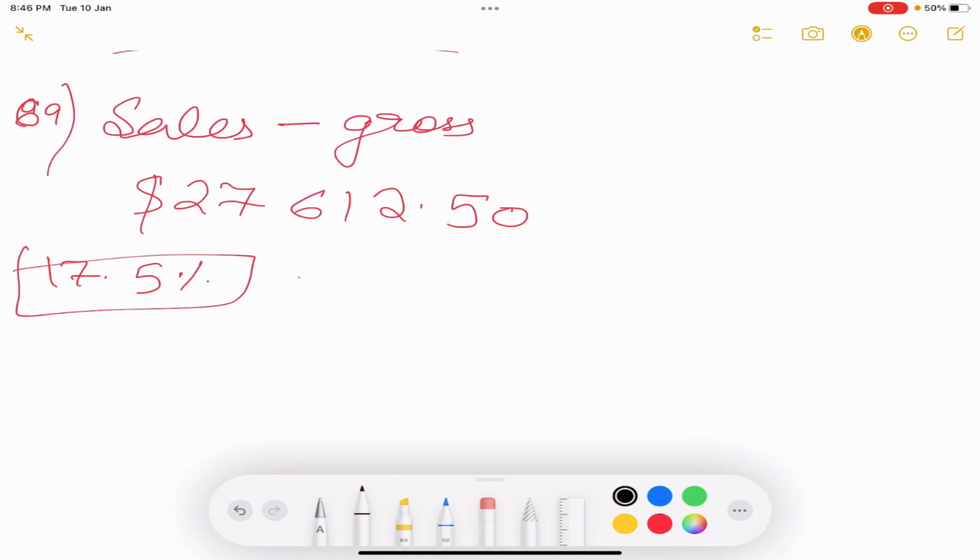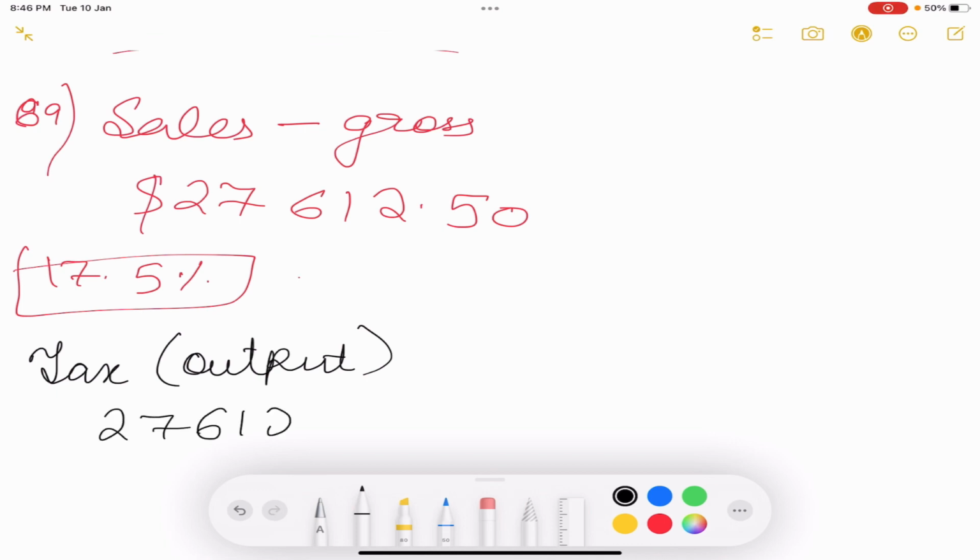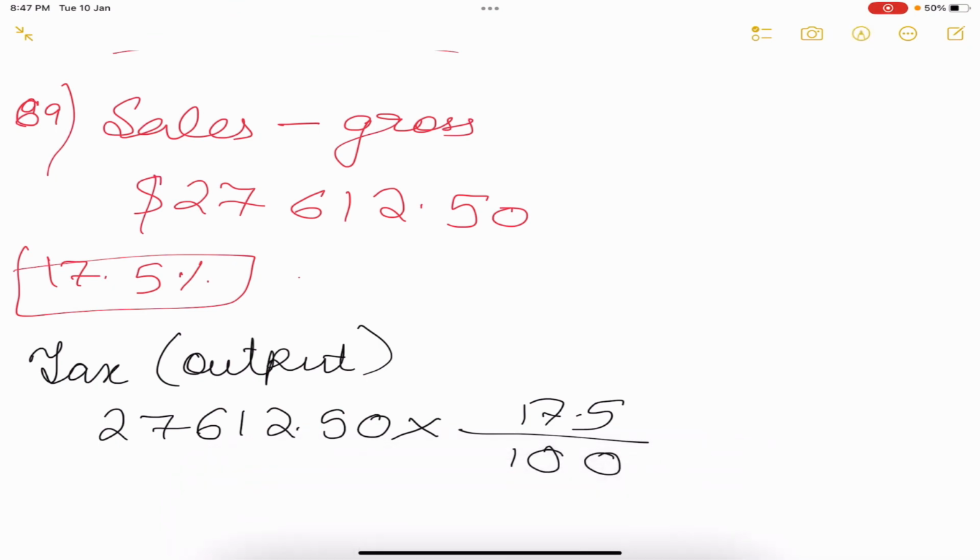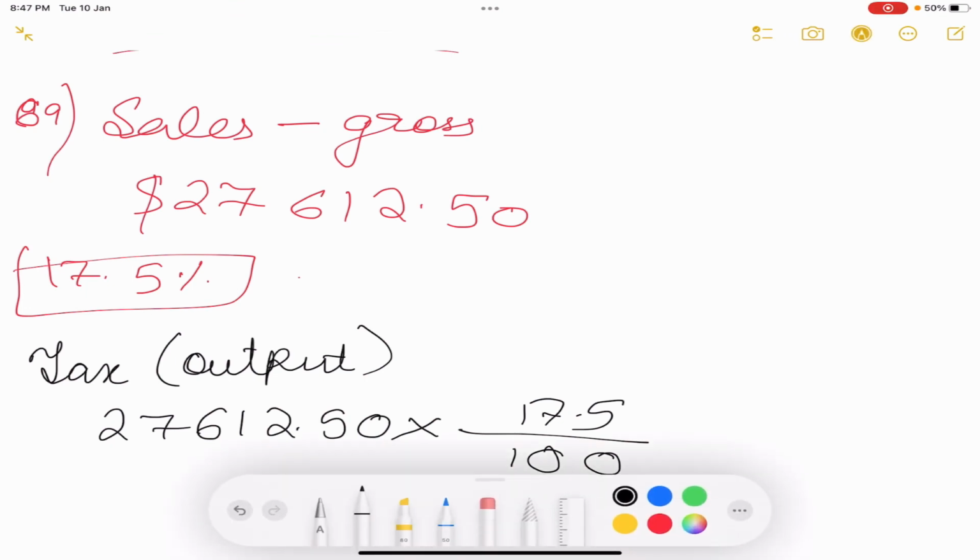So let us first find the tax on sales, which would be output. So how do you find that? 27,612.50 into rate upon 100. Why is it rate upon 100? Am I right? Correct me if I'm not right.